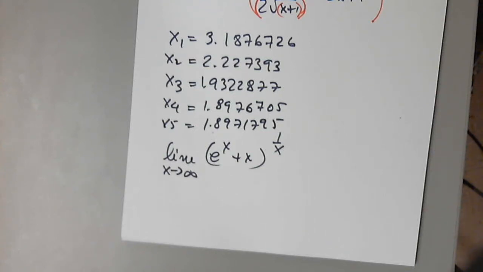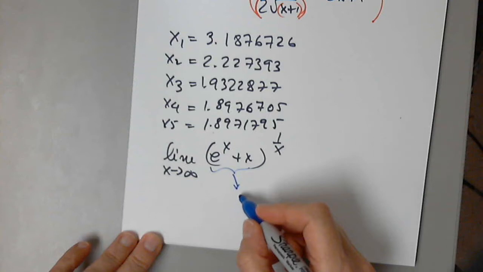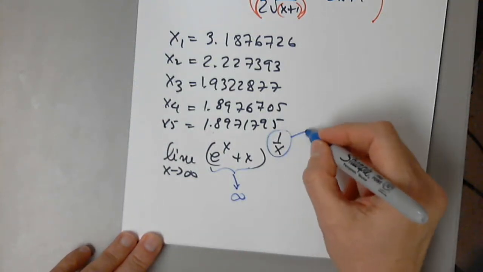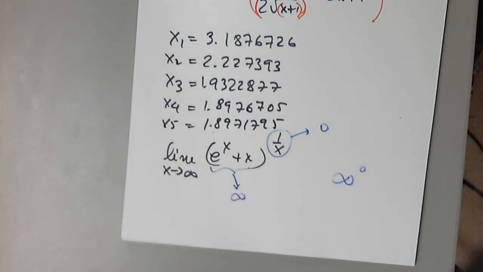So when we plug it in, where does this go? Perfect. Where does this go? Okay, so it's an ugly situation as expected. Infinity raised to 0. In other words, we cannot conclude anything. It can be anything. So what would be the next step when we encounter a problem like this?